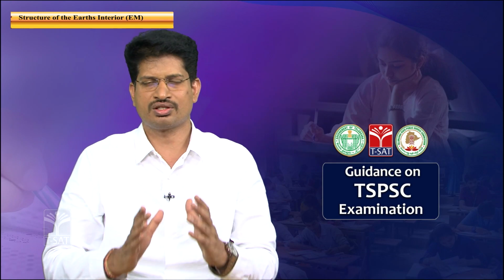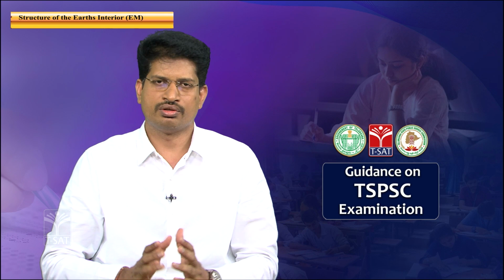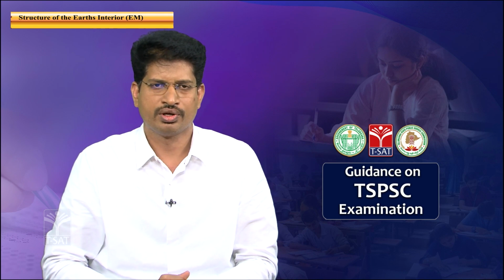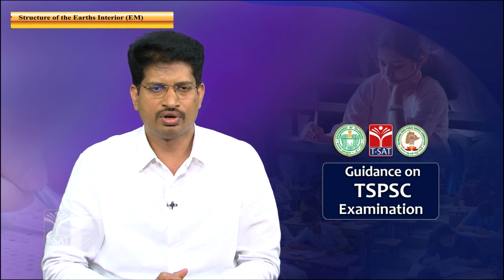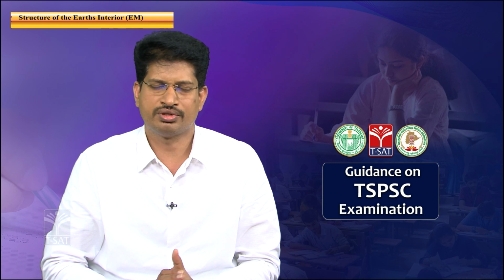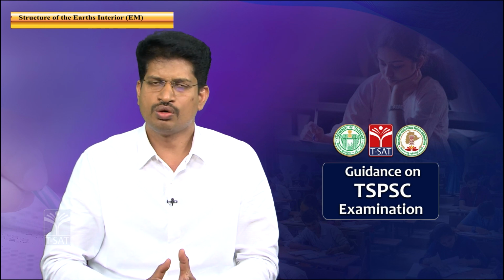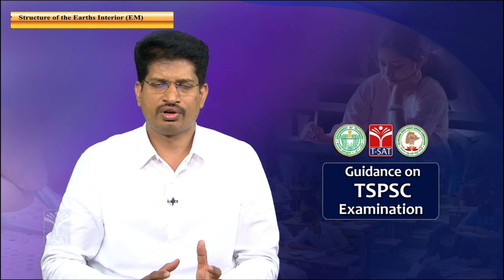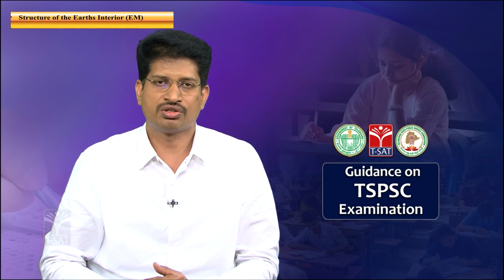Let us discuss the different areas or chapters that geography deals with. In the case of physical geography, it deals with areas like geomorphology, climatology, oceanography, and biogeography. Geomorphology means geo means earth, morphology means the external features.